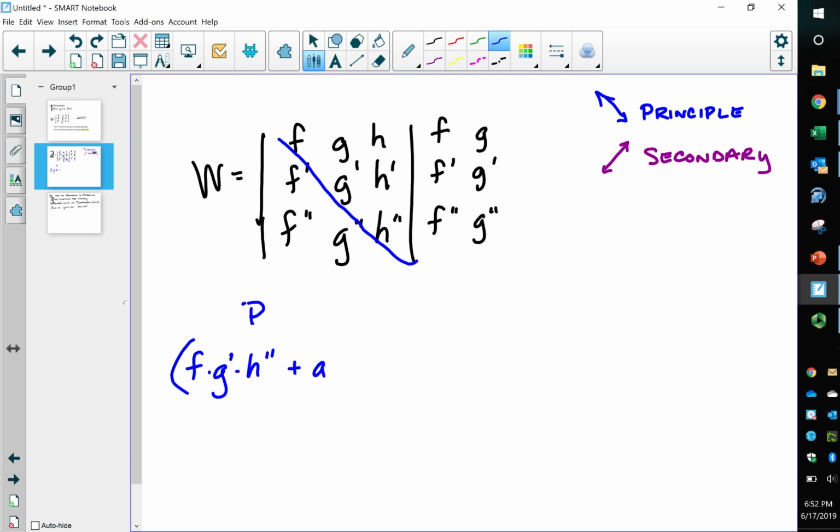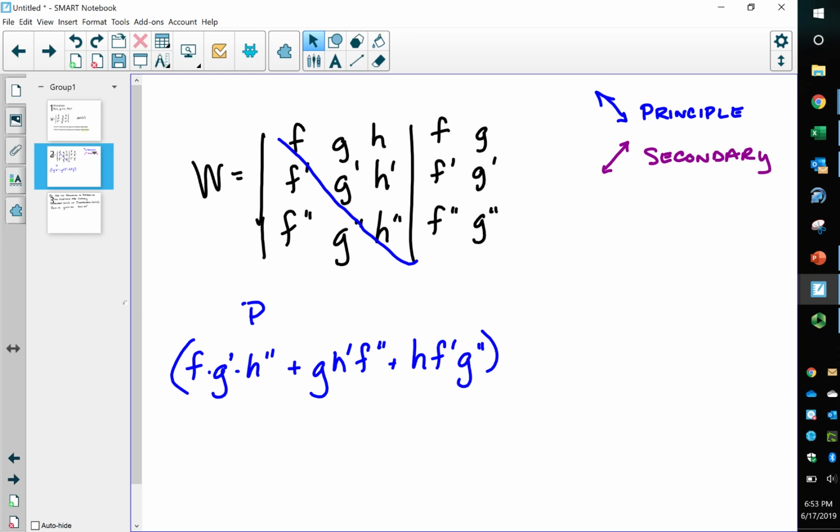So the next one would be g times h prime times f double prime. And then we're going to add to that h times f prime times g double prime. So what we've done is just moved across. So there's our first diagonal, and then the second, and then the third. Okay, that's a principal diagonal.